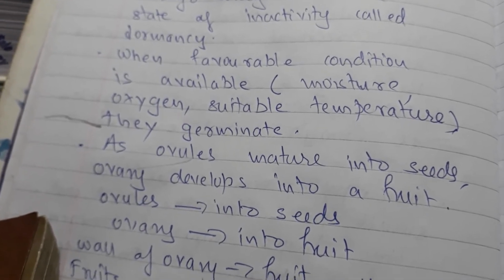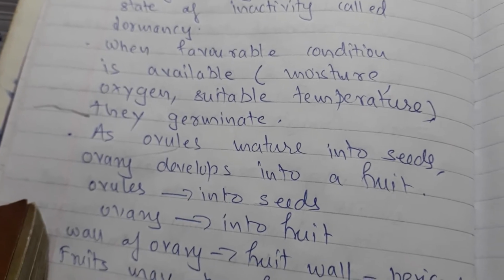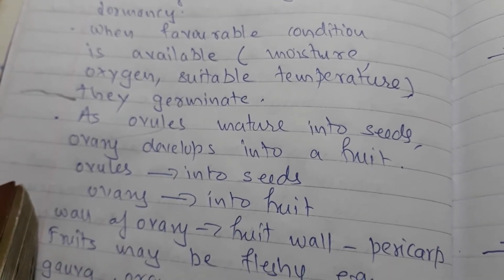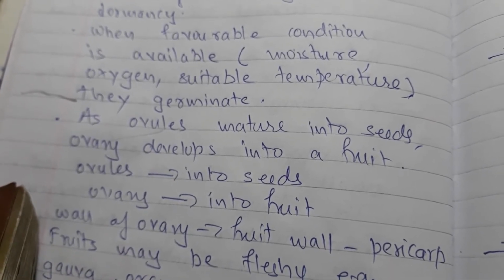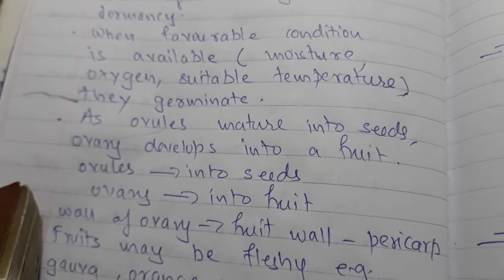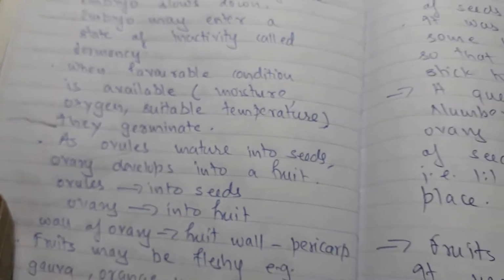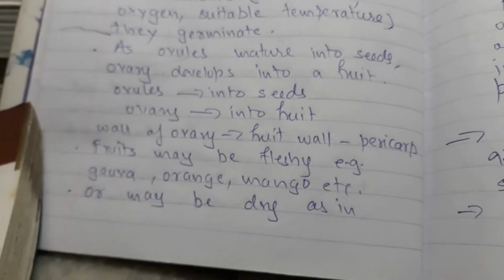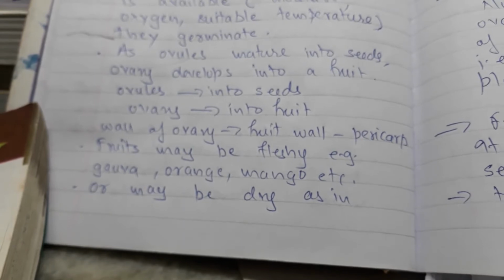Correct. So ovules mature into seeds, the ovary develops into fruit, and a matured ovary is a fruit. Now, what is happening to the wall of the ovary? It's called pericarp.